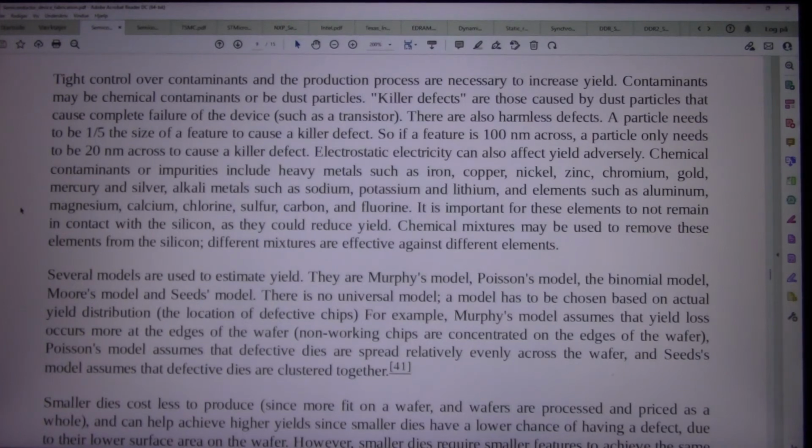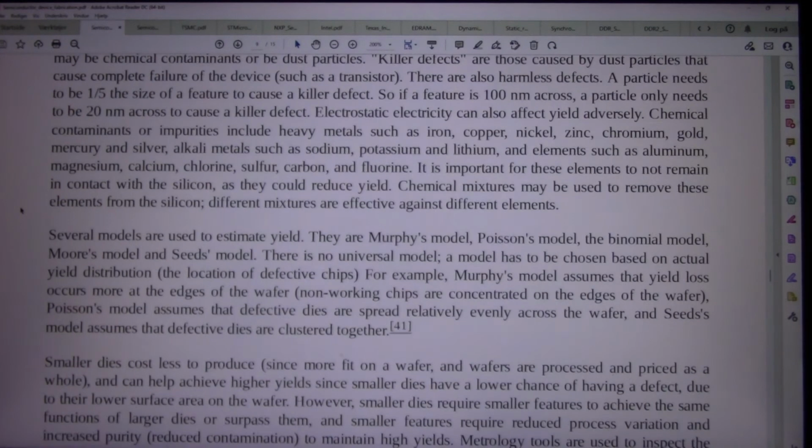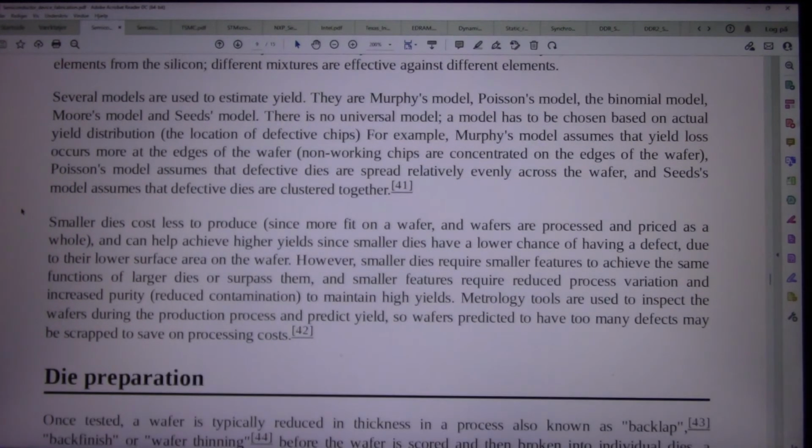Several models are used to estimate yield. They are Murphy's model, Poisson's model, the binomial model, Moore's model and Seed's model. There is no universal model. A model has to be chosen based on actual yield distribution, the location of defective chips. For example, Murphy's model assumes that yield loss occurs more at the edges of the wafer.